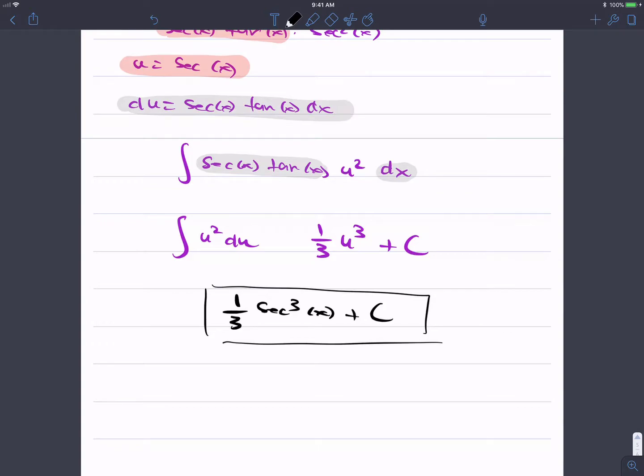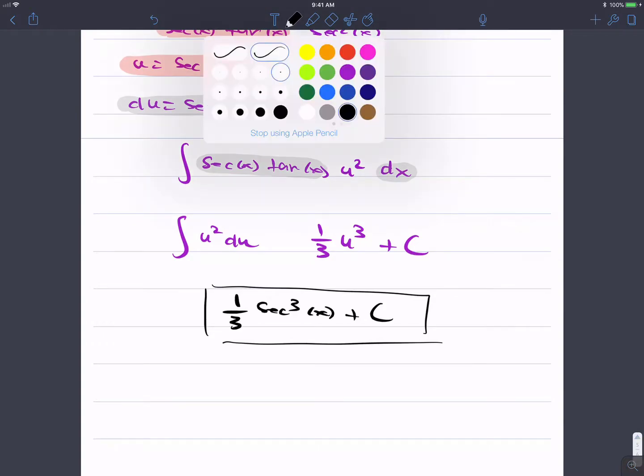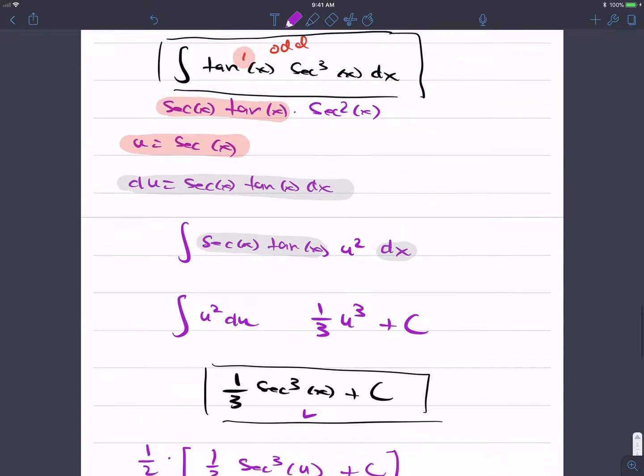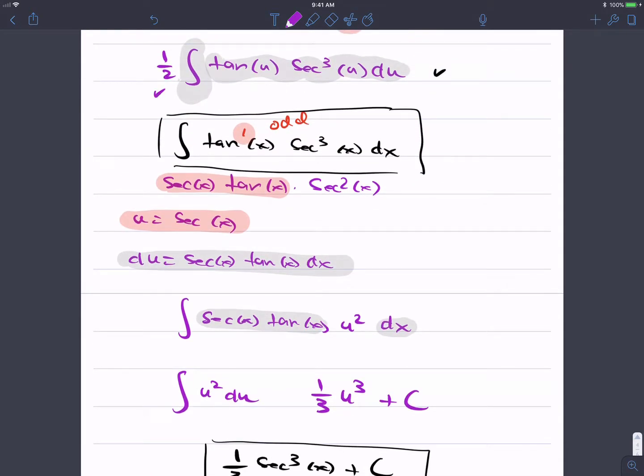So don't forget there's a 1/2 now. So let's go back here and say we got 1/2 now times this function, 1/3 secant cubed. Now it's going to be u, because we're going to change the variable from x to u. We have the u substitution. This is the arithmetic we're doing.